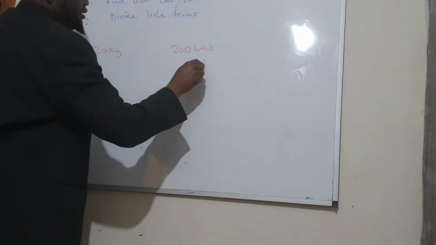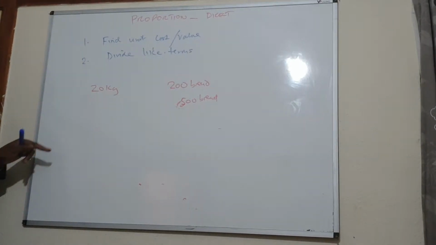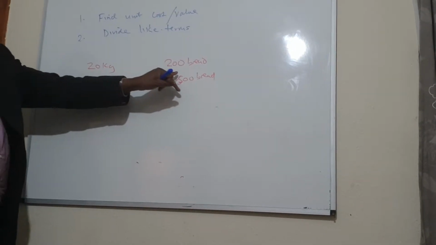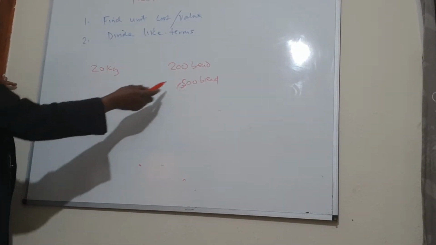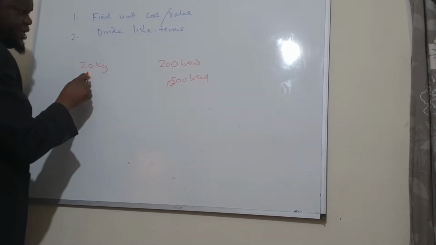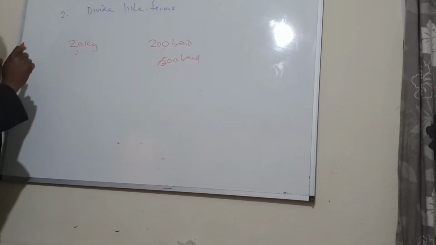In terms of direct proportion, you know that if the quantity is higher, the answer will be higher. If 200 needs 20, then 500 obviously should be more than 20, yes?